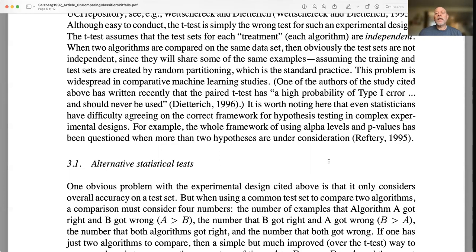Back to the paper. It is worth noting here that even statisticians have difficulty agreeing on the correct framework for hypothesis testing in complex experimental designs. For example, the whole framework of using alpha levels and p-values has been questioned when more than two hypotheses are under consideration.